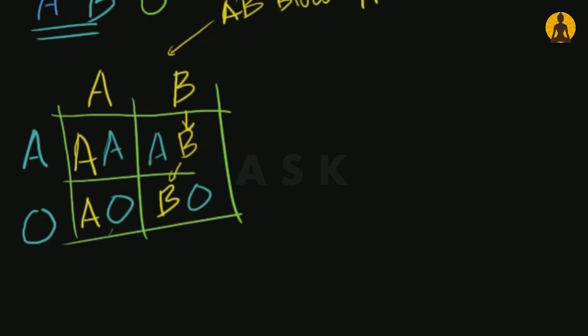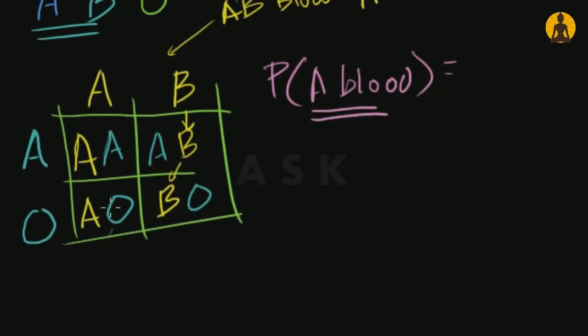So if I said, what's the probability of having an A blood type? And once again, we're talking about a phenotype here. So which of these are an A blood type? Well, this one definitely is, because it's AA. If you have two A alleles, you definitely have an A blood type.